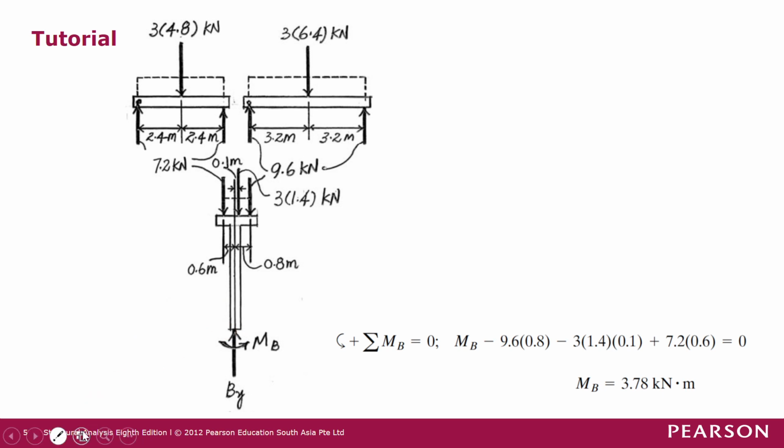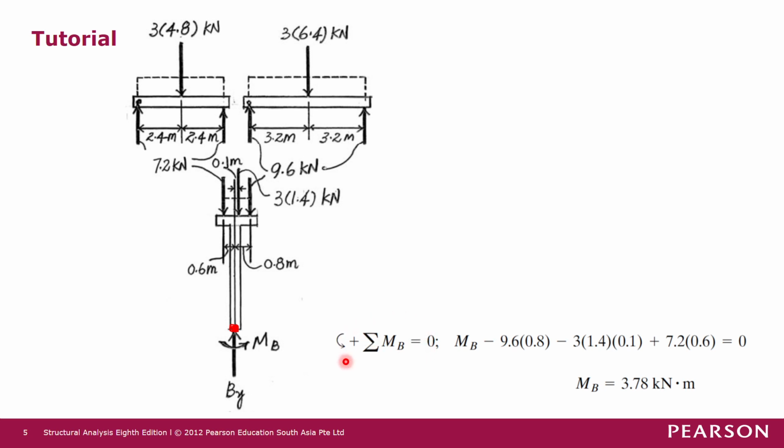So now we can start summing moments at joint B. So joint B, when we sum moment at joint B, we look at all the moments and forces that may produce moment at joint B. Yeah? So this reaction By passes through joint B, so it does not produce any moment about joint B. And then when we sum moment at joint B, we assume anticlockwise moment as positive.